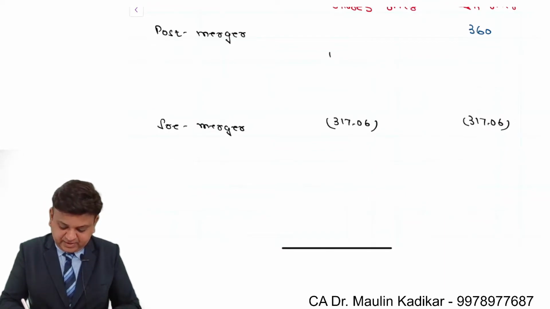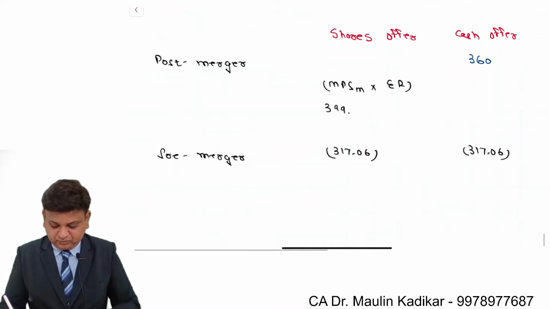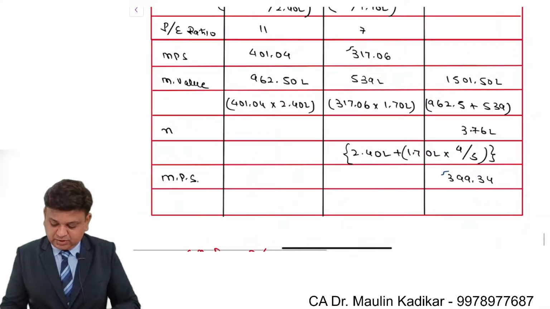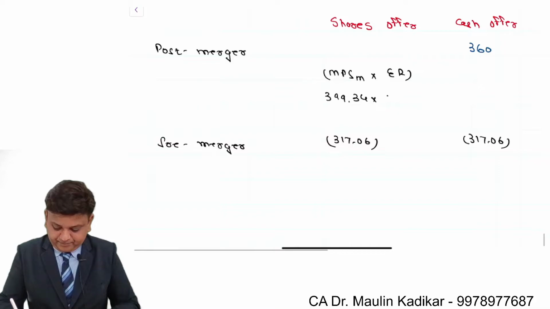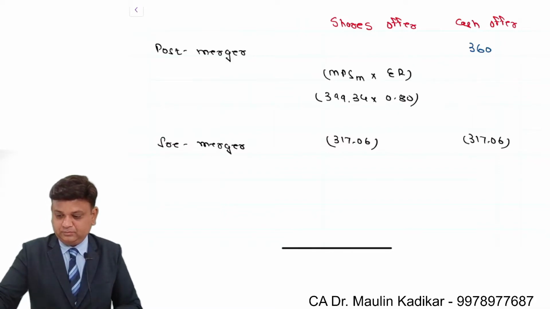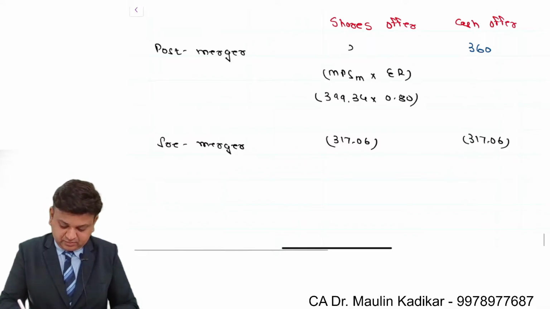So it is MPS of the merged firm into exchange ratio. So it is 399.34 into 0.80. So 319.47.